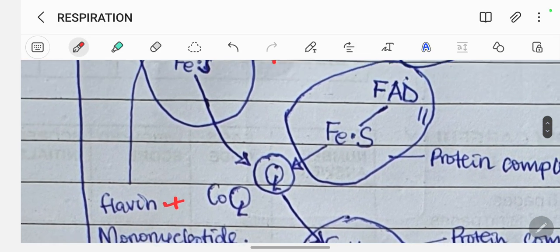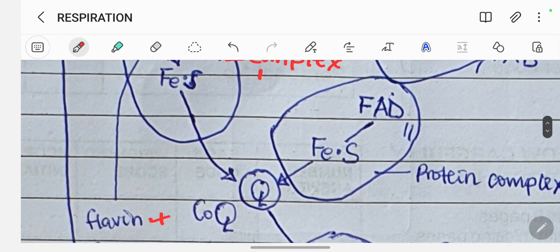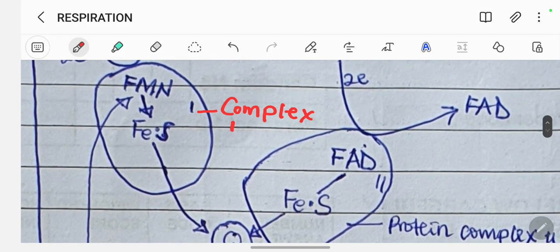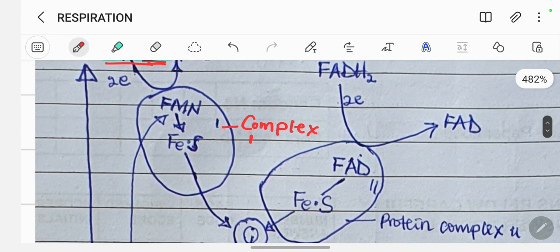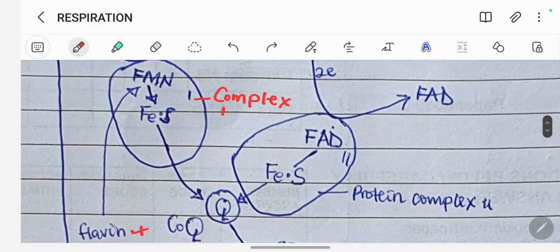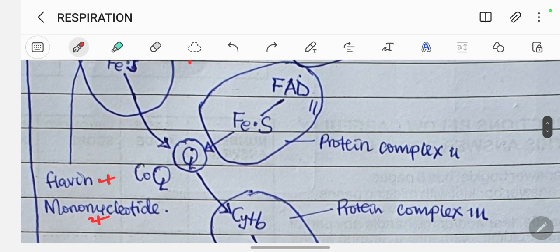And this one is called an iron sulfur protein. So we have an iron sulfur protein there. Then we have coenzyme Q at that point.